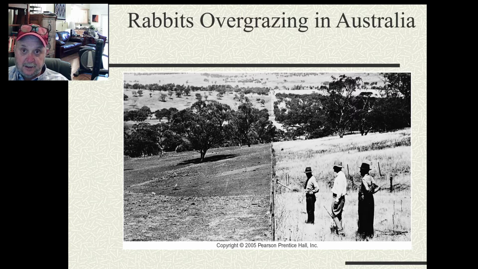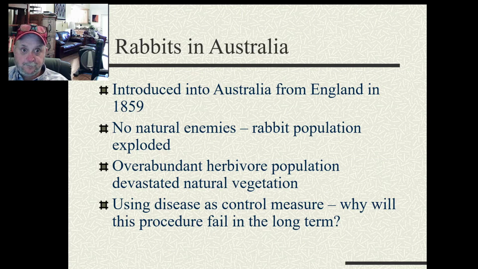Unfortunately, Australia has high numbers of invasive species, and they're destroying a lot of the plant life there, and the native kangaroos and wallabies are all having a difficult time because of it. You can see from this fence how much damage was done. They were introduced in 1859.